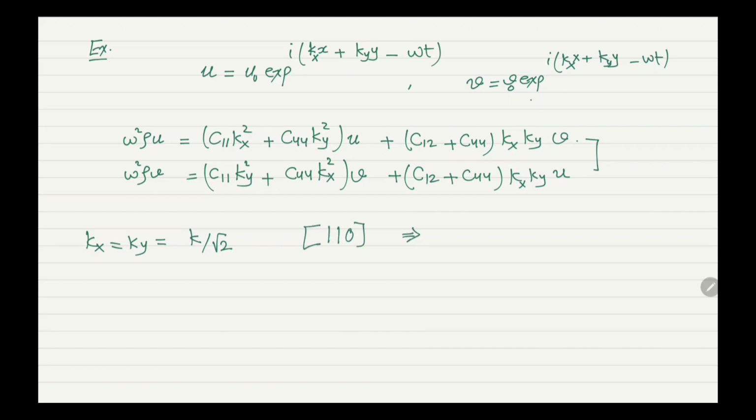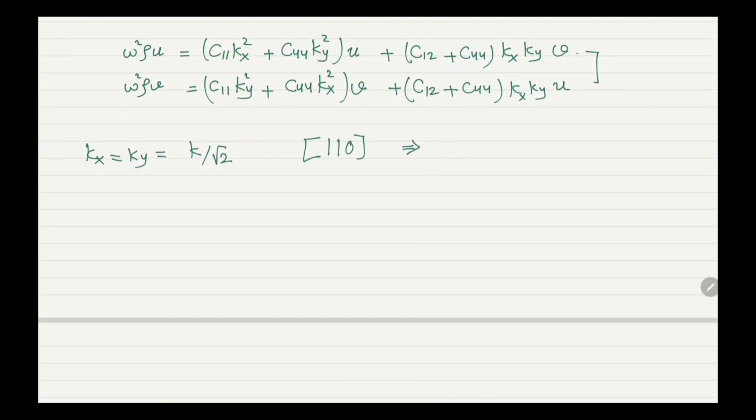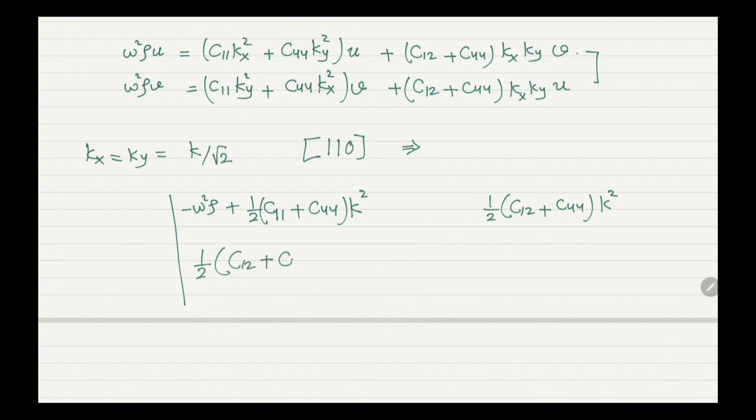By rearranging these two equations in a determinant, you will see that minus omega square rho plus half (C11 plus C44) k square, half (C12 plus C44) k square, half (C12 plus C44) k square, and minus omega square rho plus half (C11 plus C44) k square. This determinant equals 0.